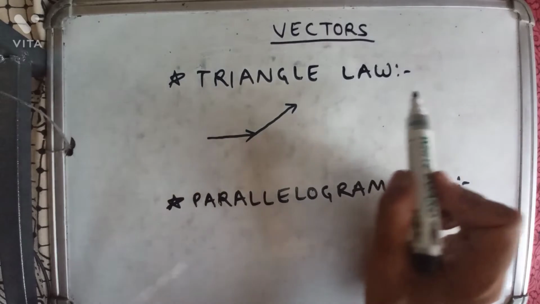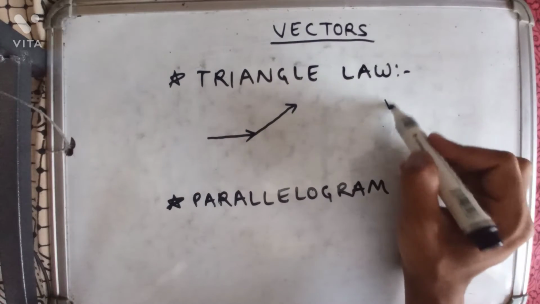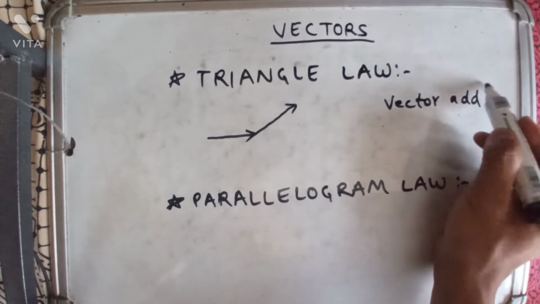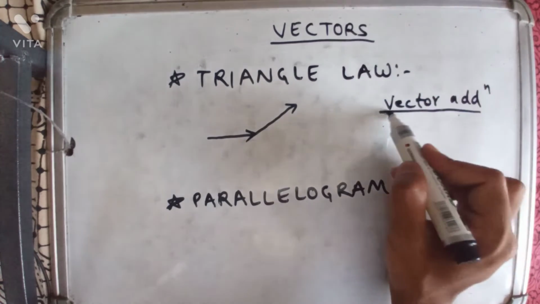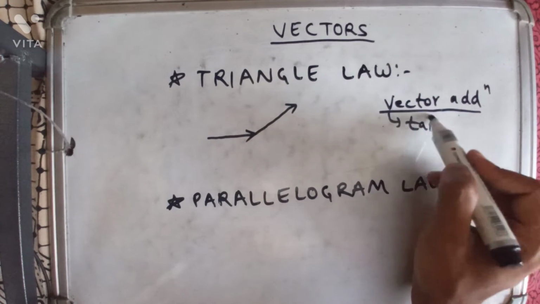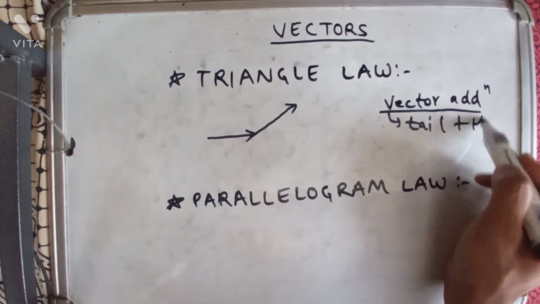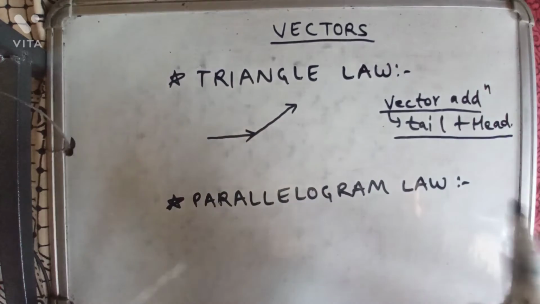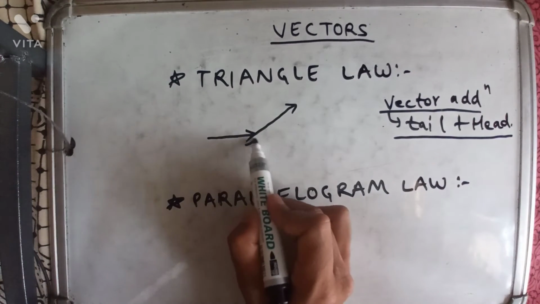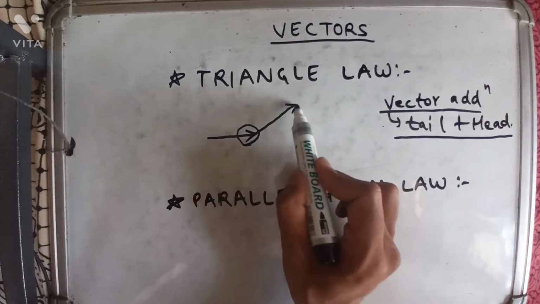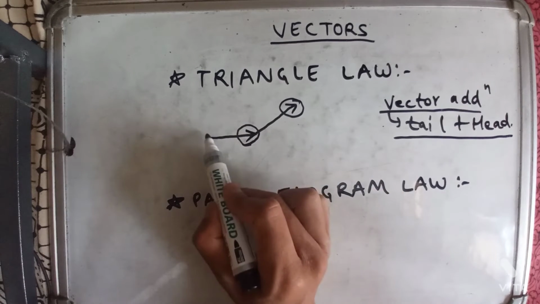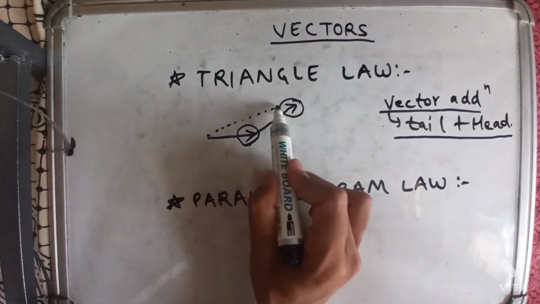The condition of vector addition for these two laws is that the tail must join with the head, then only the condition of addition will be followed. Like here, it is the head of one and the tail of the other, this point. So it will follow vector addition for the triangle law.